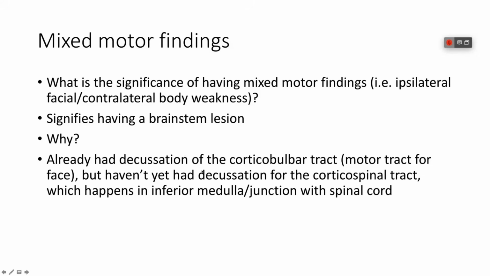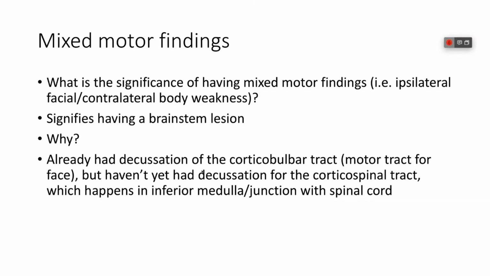And so if you had, say, a right-sided brainstem lesion, you would have loss of the right side of the motor. It would be ipsilateral motor loss. But because the decussation for the spinal cord happens at the inferior part of the brainstem, where the medulla joins with the spinal cord, that hasn't decussated yet.